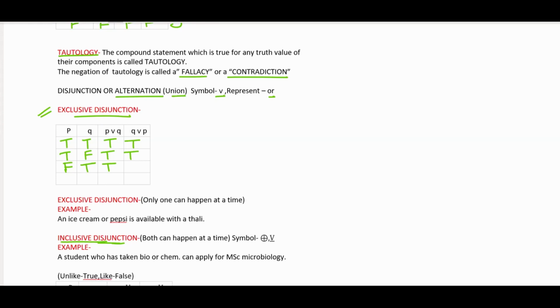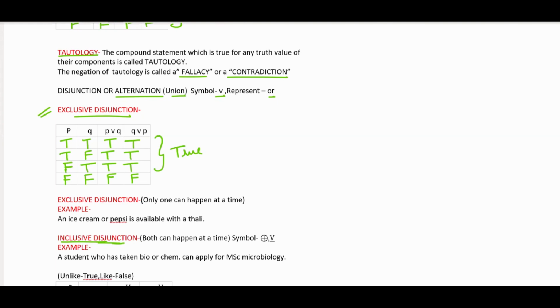True union f is again true. But the last row is if p is f, q is f, then f union f is f because here none of the statements is true. Therefore the answer is f. F union f is f. So in this truth table, true dominates. So in the truth table of disjunction, true will dominate.